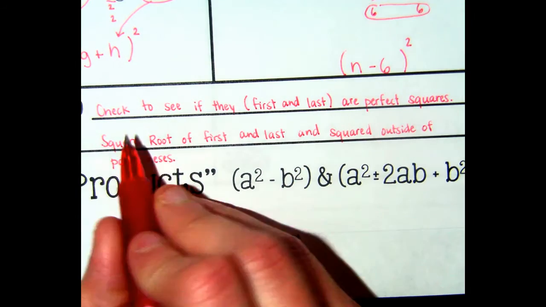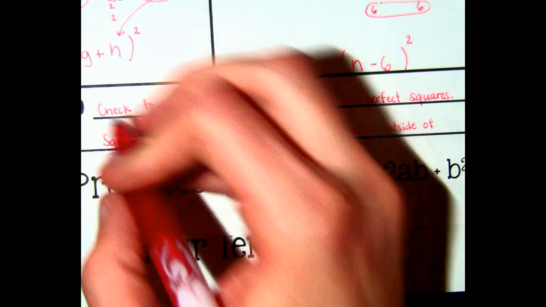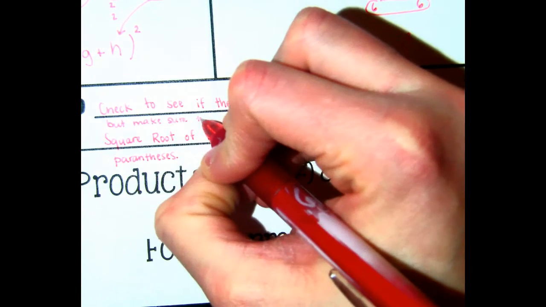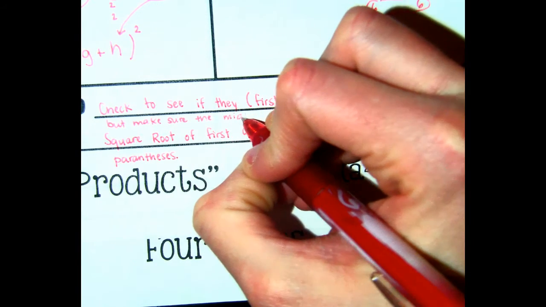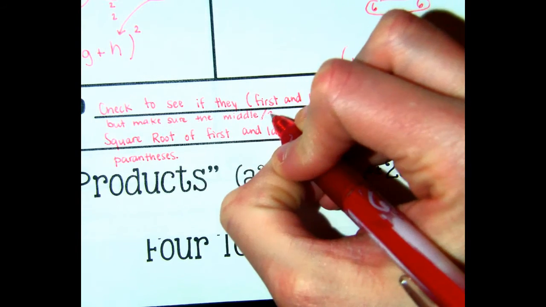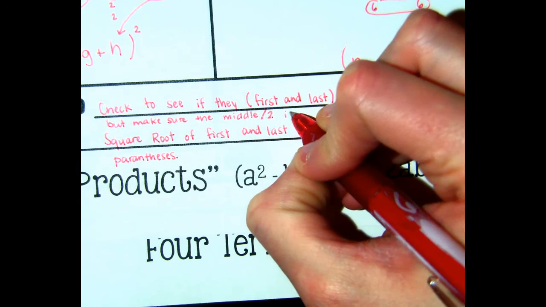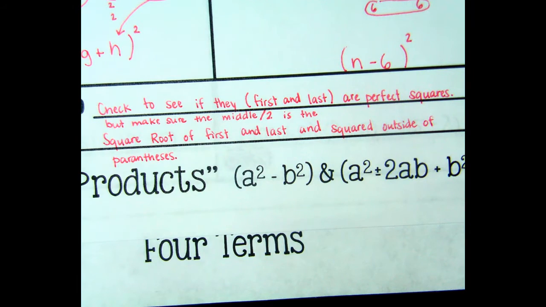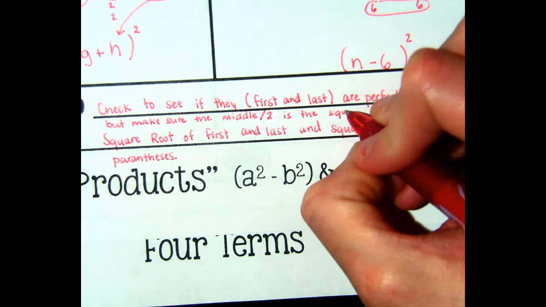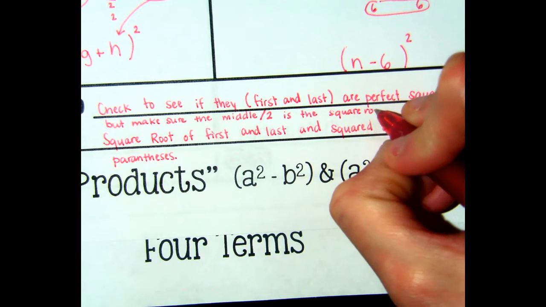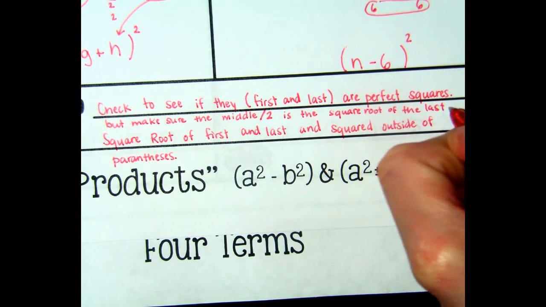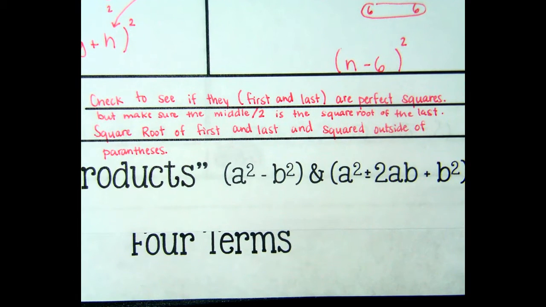So make sure you go back and add that. Not only do you check to see if the first and last are perfect squares, but make sure the middle divided by 2 is the square root of the last. That's a whole lot there, but there you go.